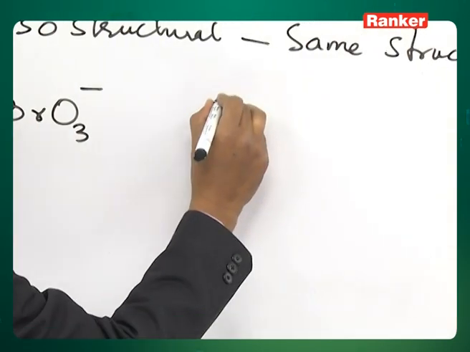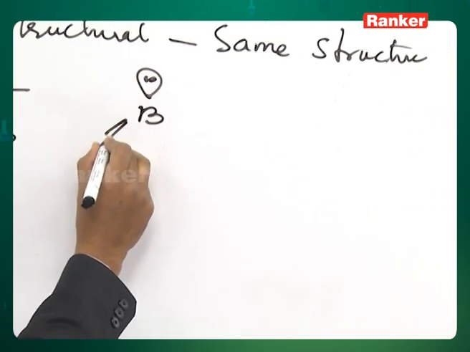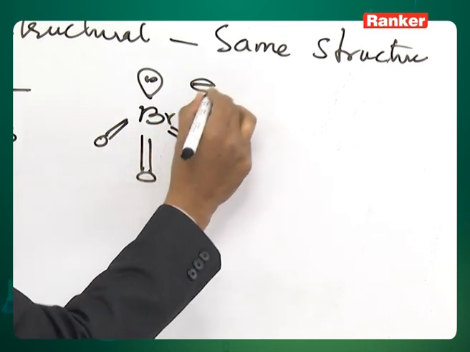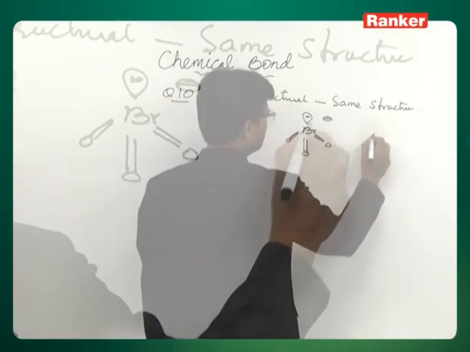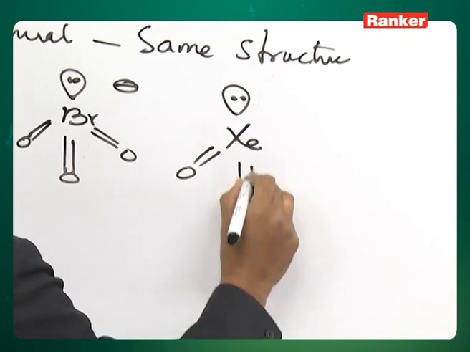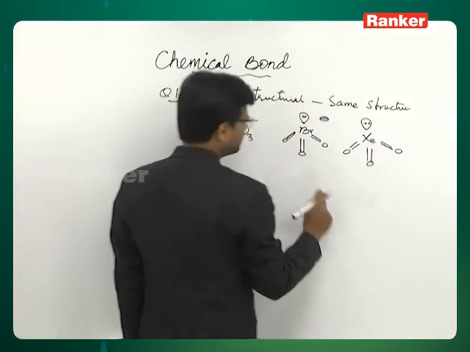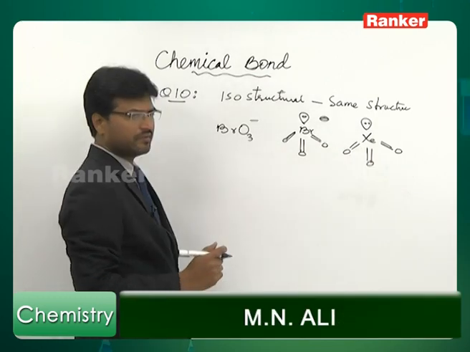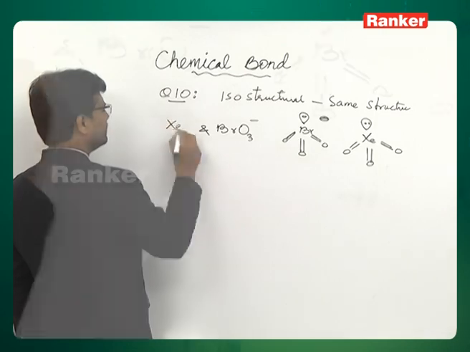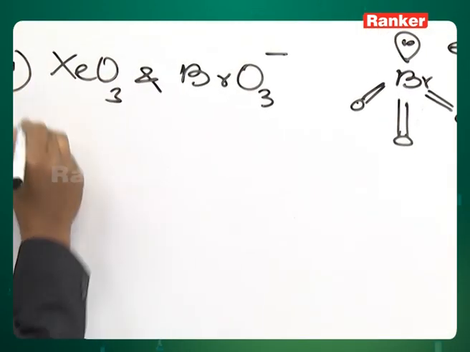This has a pyramidal arrangement. Same is the case with XeO3. XeO3 also has a lone pair and 3 surrounding oxygens. So these two are pyramidal. Both are pyramidal. So they are isostructural. BrO3 and XeO3 are isostructural.